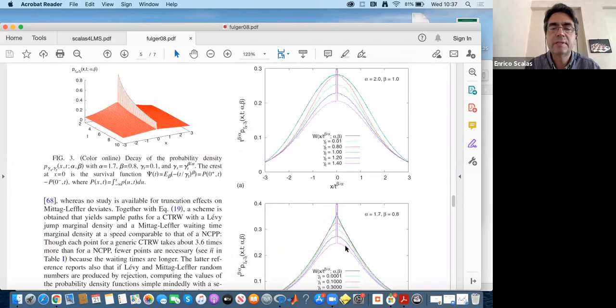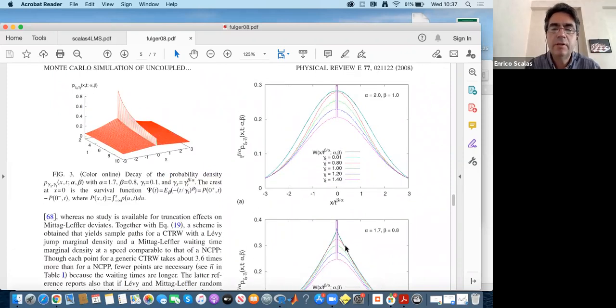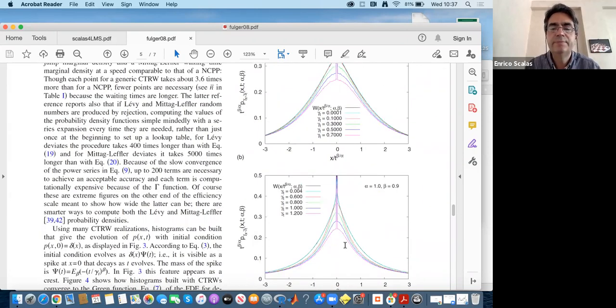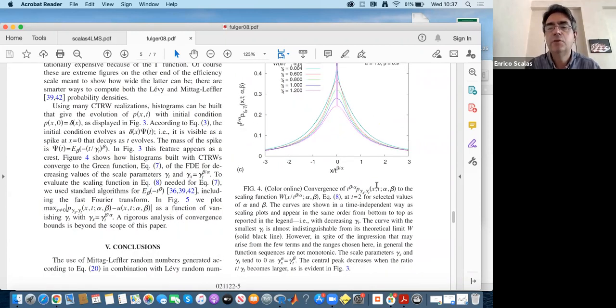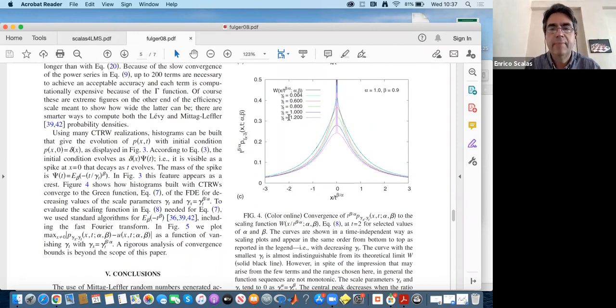For instance, this figure here shows the convergence of the solution, okay, there is a rescaling of the solution, but that's fine, as we are making gamma t smaller and smaller.